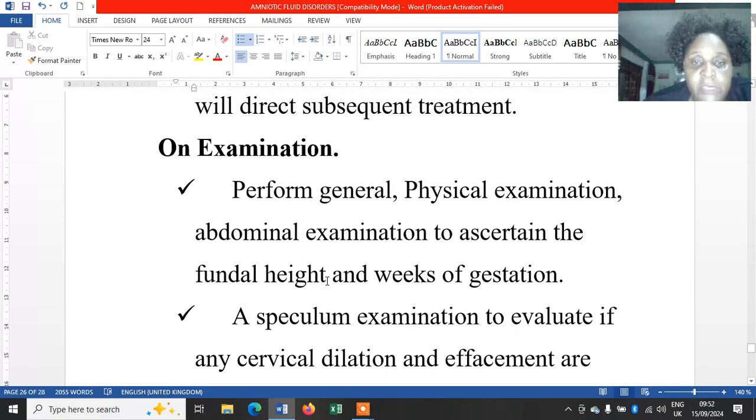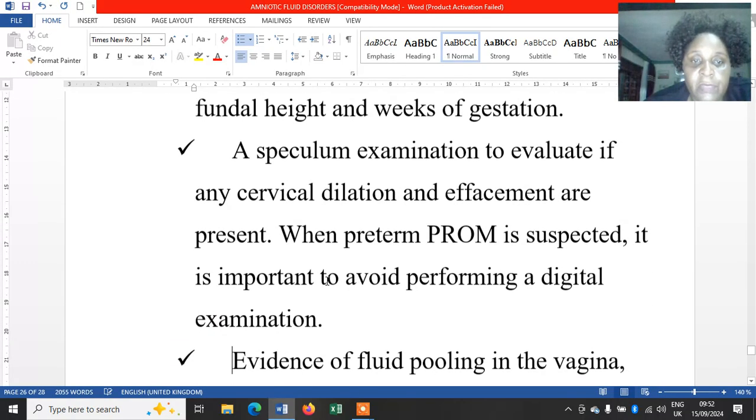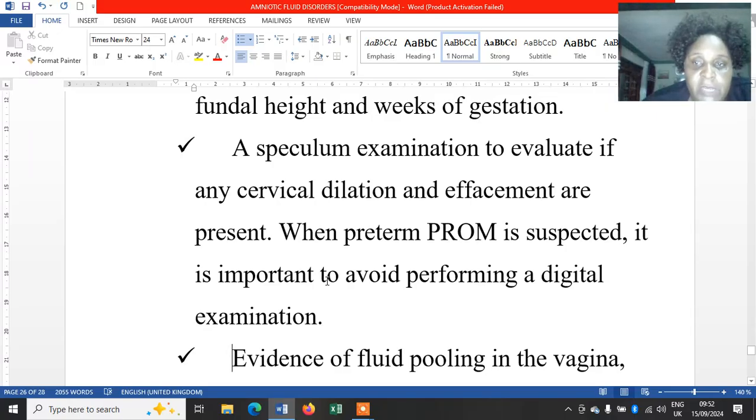So on examination, perform general physical examination, abdominal examination, ruling out the fundal height versus the gestation age. Speculum examination to evaluate cervical dilatation and effacement should be done.